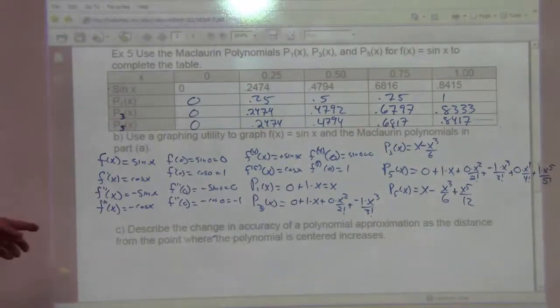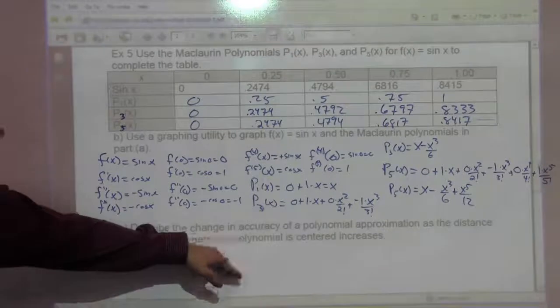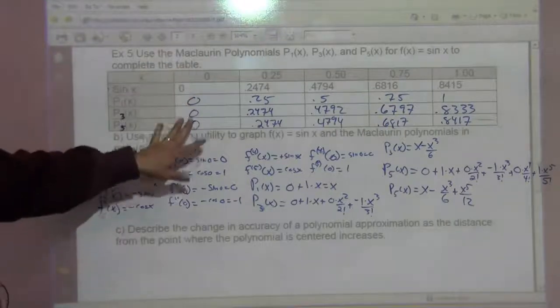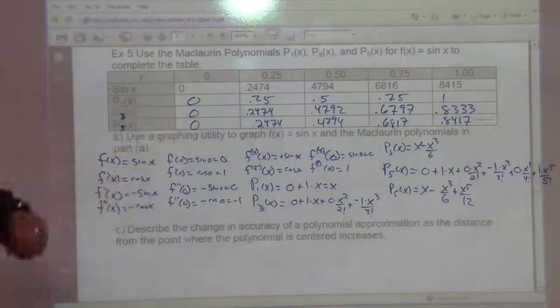So part C says describe the change in accuracy of a polynomial approximation as the distance from the point where the polynomial is centered increases. So these are all centered at 0, so they're right on at 0, and they become less accurate.